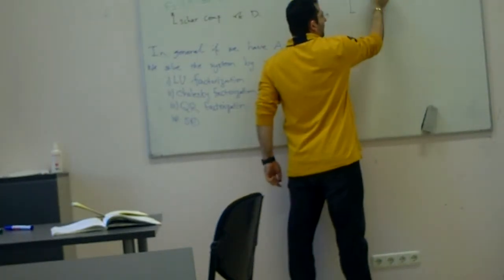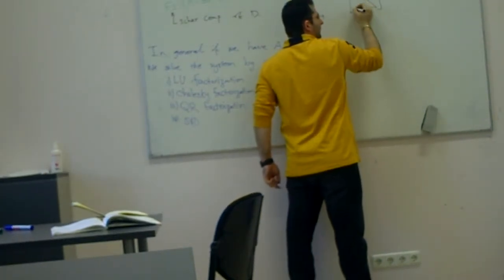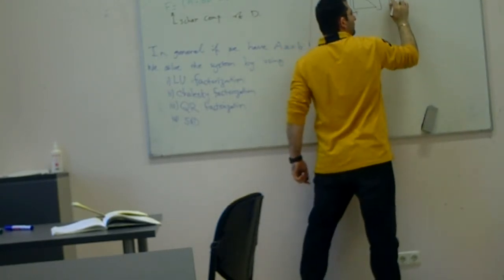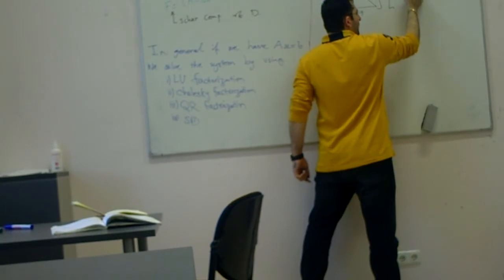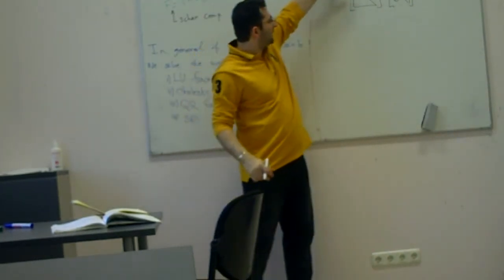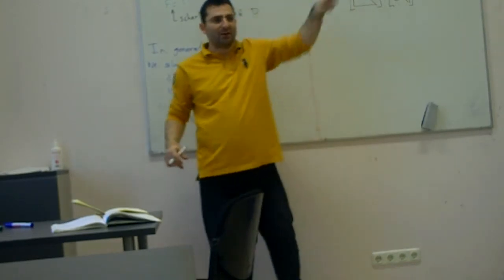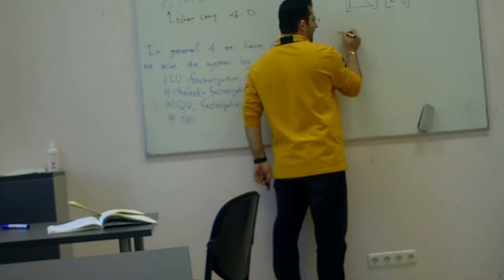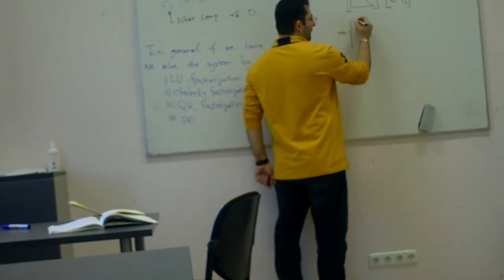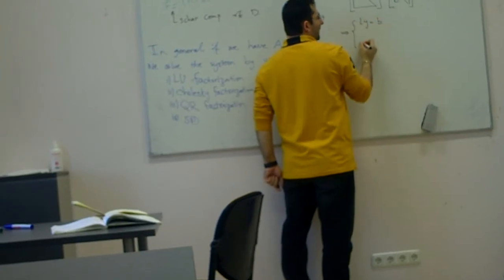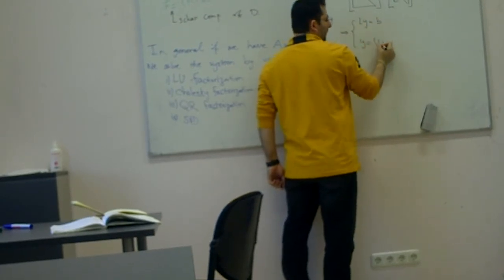Lower triangular matrix is this, and upper triangular matrix is in this form. So it's easy to manipulate because here I have only one coefficient. I can easily calculate the first one. Now, I have two sets of equations. First is Ly = B. The other one is y = Ux.